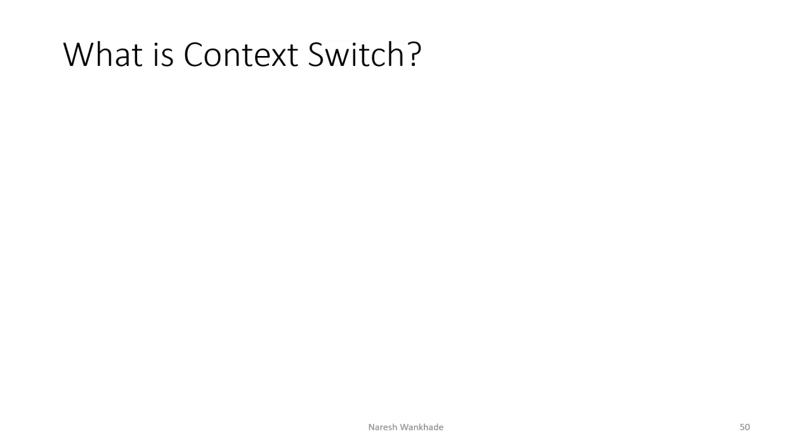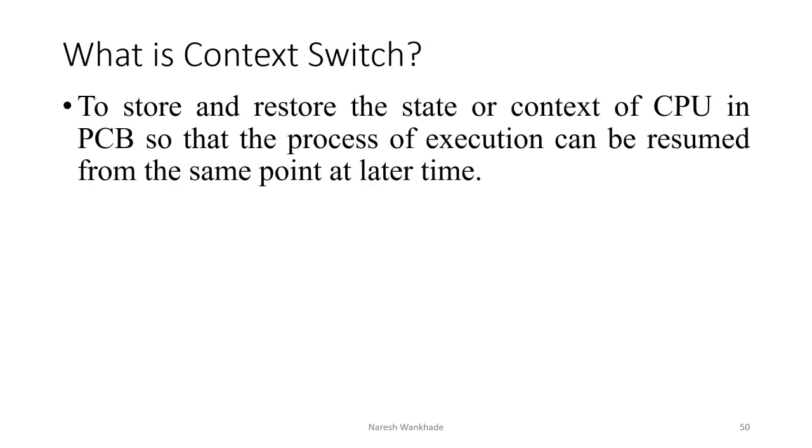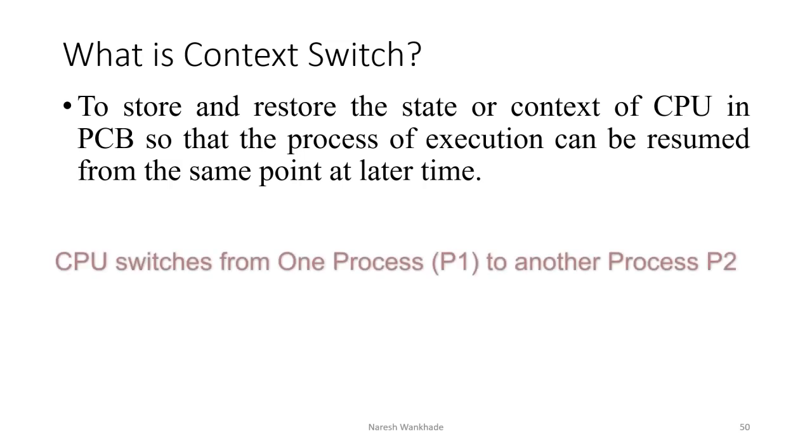To solve this problem, we have to understand the meaning of context switch first. So what is context switch? It is a mechanism to store and restore the state or context of the CPU in the PCB, that is the process control block, so that the process execution can be resumed from the same point at a later time. That is context switch.